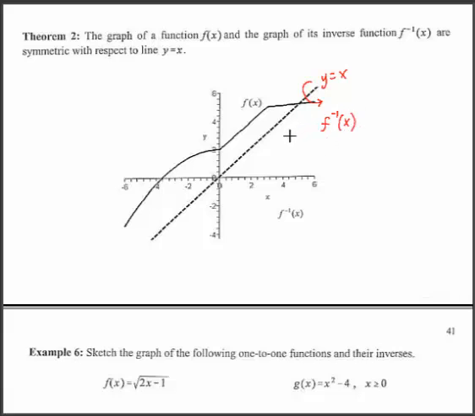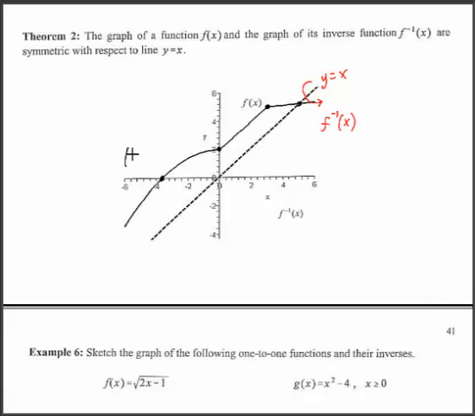Okay, so how do I do that? Well, one way, which is probably a pretty safe way to play it, is to pick points along the f curve and swap the coordinates of those points.